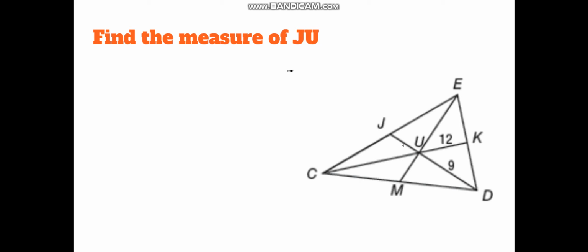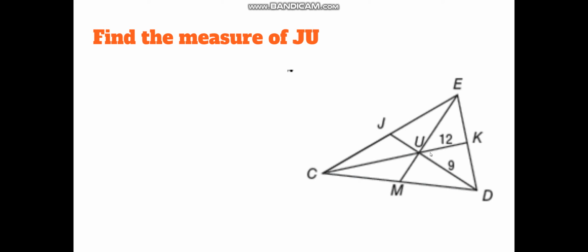And then we look at JU. We want to find JU. If you're confused about which one is the 2/3 and which one is the 1/3, remember that the centroid is 2/3 from the vertex to the midpoint.